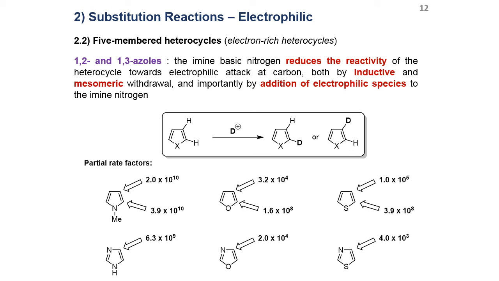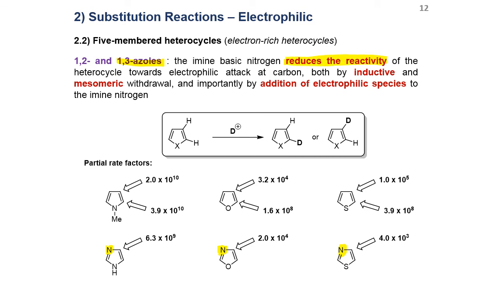For heterocycles that have more than one heteroatom, for example 1,2 or 1,3 azoles, you have additional nitrogens of the pyridine type, and we know that this type of nitrogen is electron withdrawing and makes electrophilic substitution slower than the parent ring.